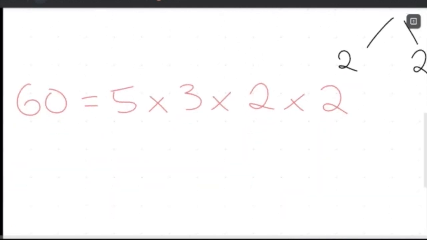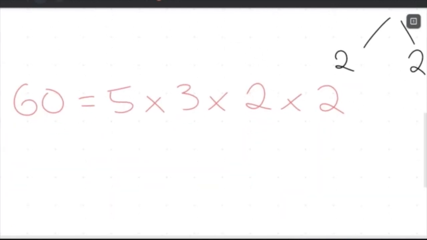And what do we know from indices? Well, we know that with 2 times 2, we have the same base multiplying by itself. So indices tell us that I can write this as 2 to the power of however many 2's there are multiplying.